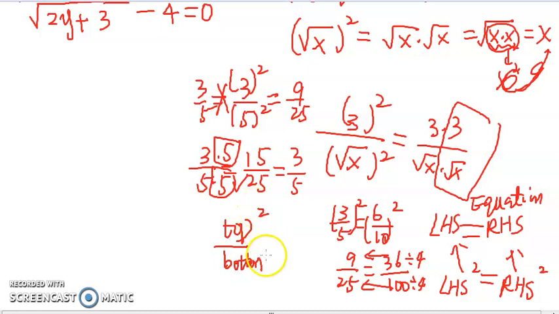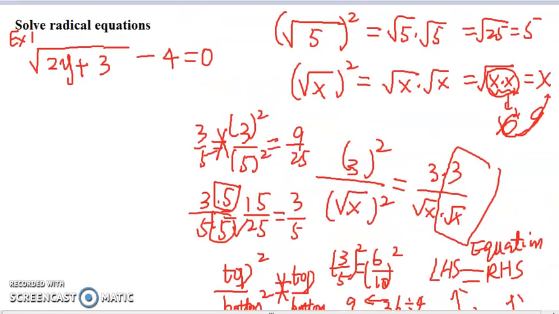When you square the top and the bottom, it's not going to keep the same fraction. It is not going to be the same as the top over the original bottom. But if it's an equation, you square the left, square the right, they are still going to be equal. Okay, so make sure you remember the difference between a fraction and an equation.